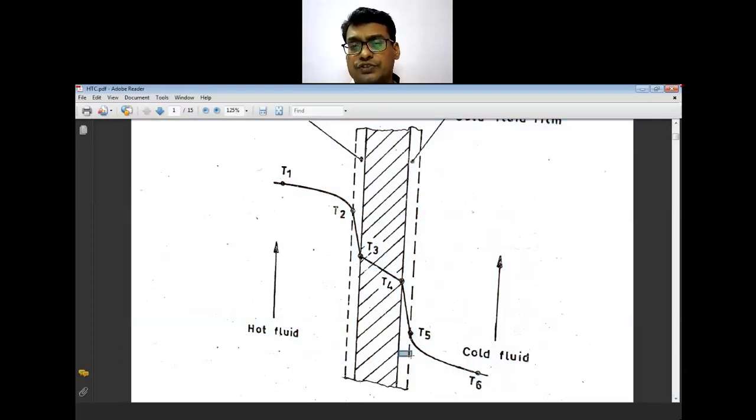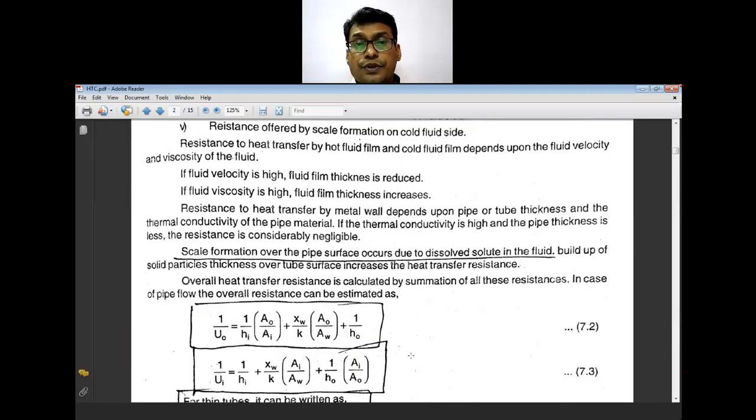Higher the velocity, lower will be the thickness, as well as lesser scale formation. The scale formation over the pipe surface occurs due to the dissolved solute in the fluid building up on the solid surfaces, which offers heat transfer resistance.